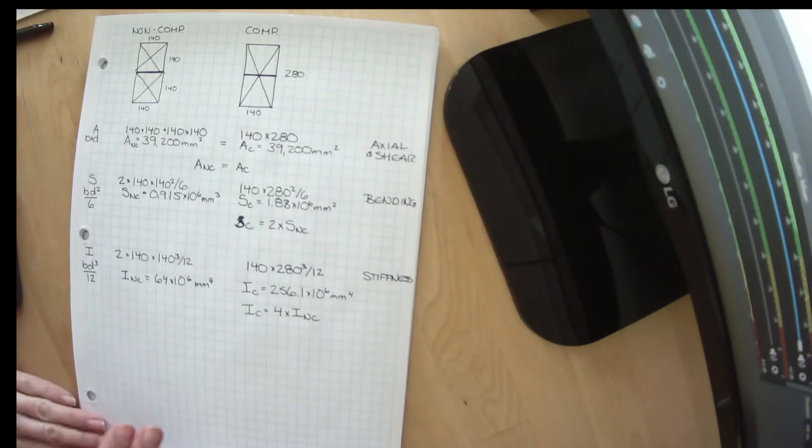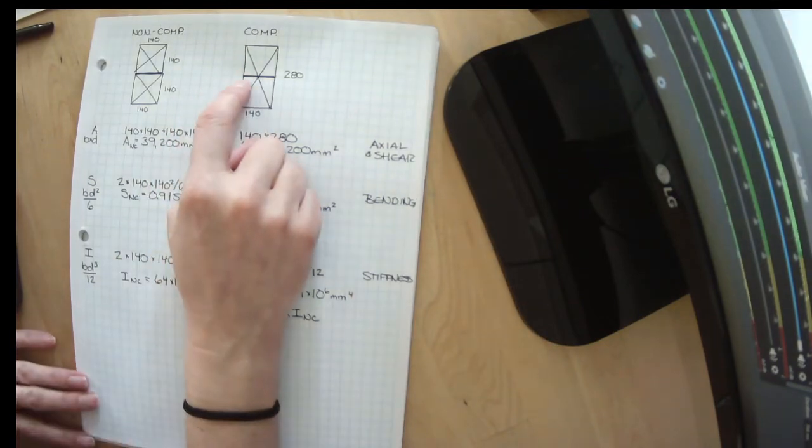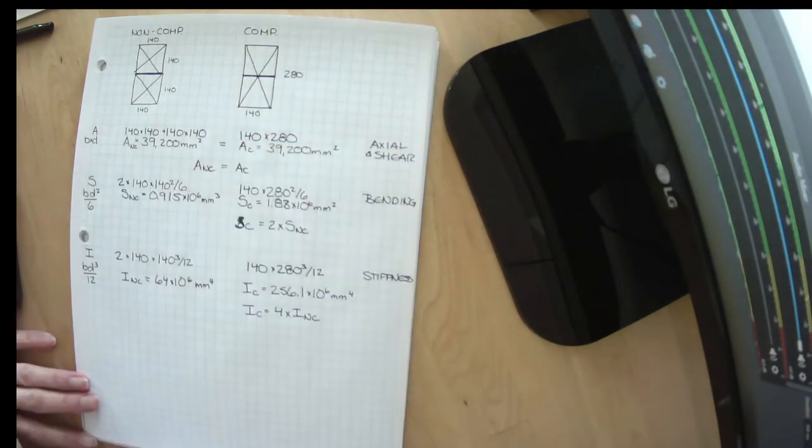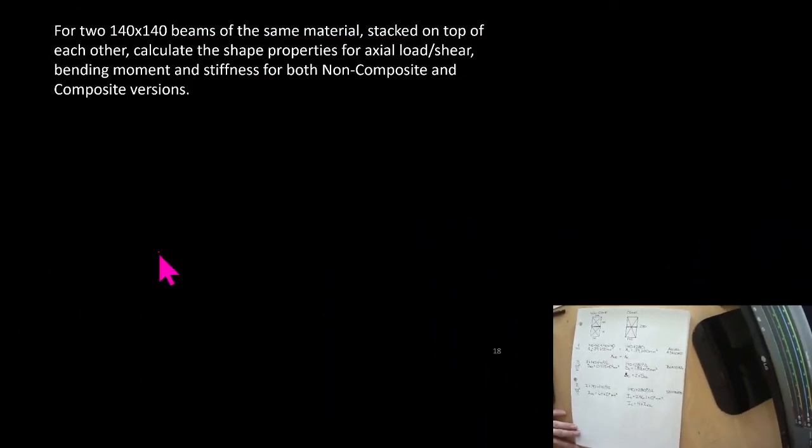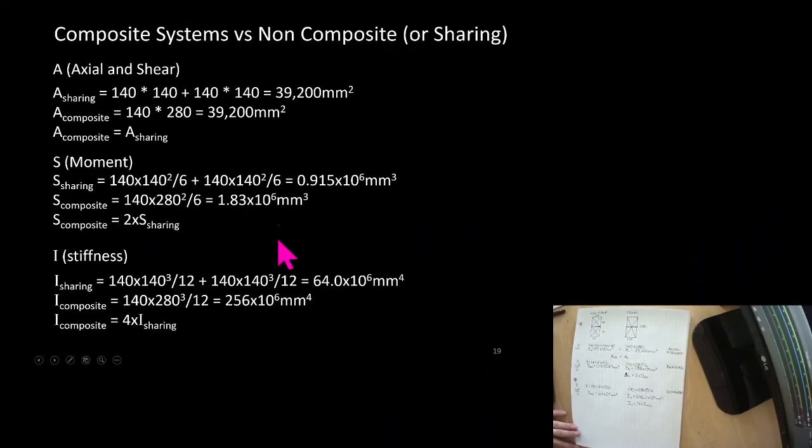So composite, if we can do it in a relatively easy way, can be really advantageous for us. But it has to have this bond along that plane to make it composite. So again, you can see that worked out right here.